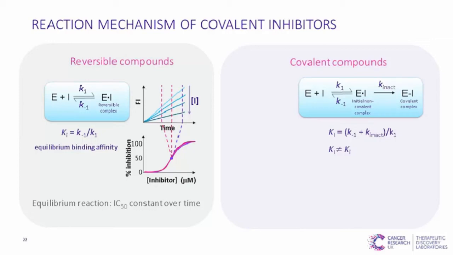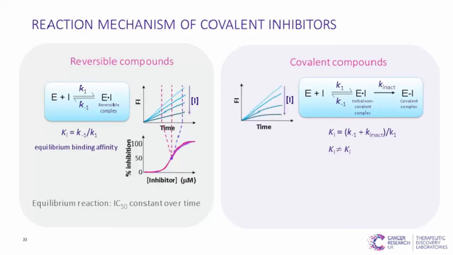The first is the kinact, but the second is a KI with a capital I, and this describes the rate of formation and breakdown of the non-covalent intermediate, and so it's a function of k1, k-1, but also kinact. It's more analogous to the Km that describes a substrate, and it's worth bearing in mind that this KI with a capital I is therefore different from the equilibrium binding affinity with the lowercase i.